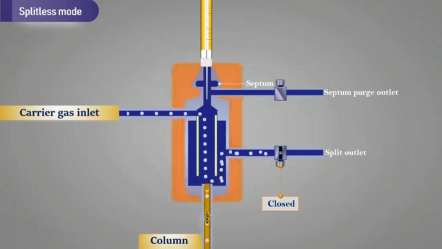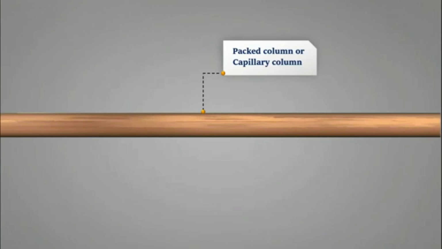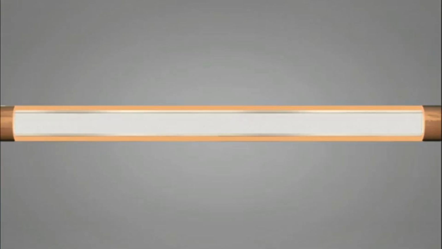Two types of columns used in GC: packed column, where the stationary phase is coated directly in the column, and capillary column, where the stationary phase is coated with the inner wall of the column. The mixture separation is based on differential partitioning of the components between the mobile and stationary phases. The component which has less affinity to the stationary phase, consequently less interaction, travels faster and eluted out first.